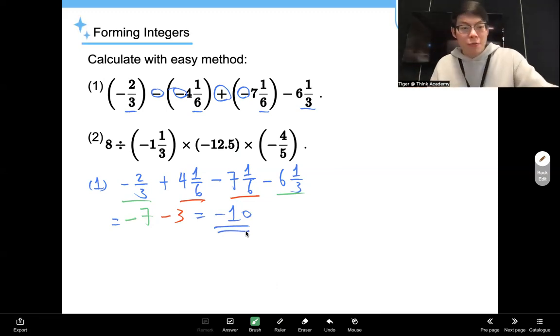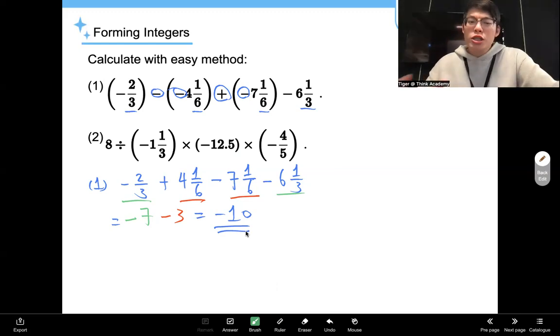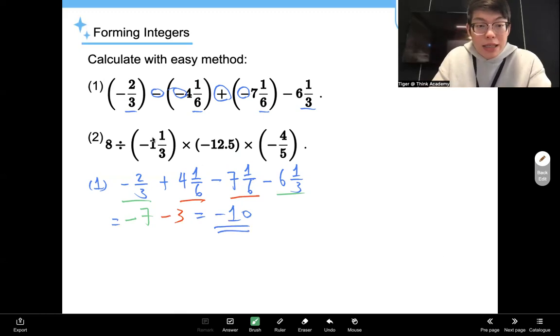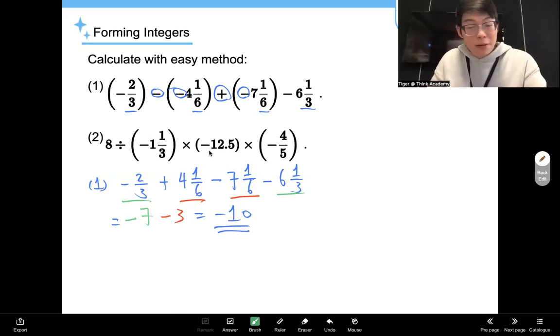And what about the second one? So it looks a little bit complicated, isn't it? 8 dividing -1 and 1/3 multiplying -12.5 multiplying -4 over 5. So what do we do? Well, first of all, we can just try to get rid of the sign, right?